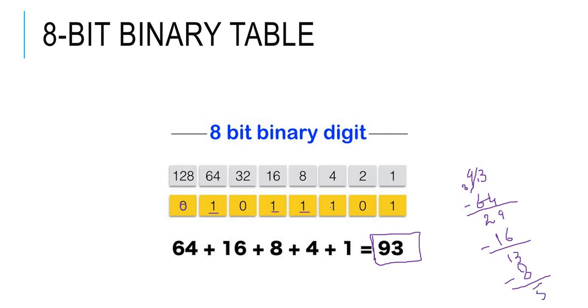Then to make 5 we're opening 4. Then we are getting 1 left, so we're opening 1 as well, and 0 and 2 have remained closed. So we have to add all these numbers to get 93. That's why we have to make possible combinations. But this is all done by subtraction. How you're getting this is by subtraction.